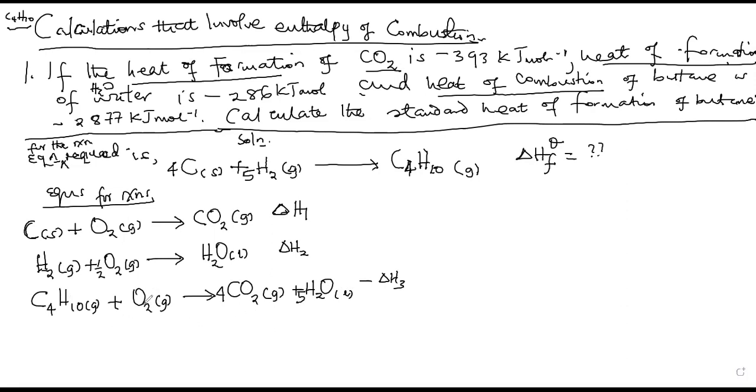Oxygens are 2, and here I have 2 oxygens. But this side I have 8, 13. So to make them 13 also here, I'll put 13, but because I want these 2 to cancel out, I will say over 2.